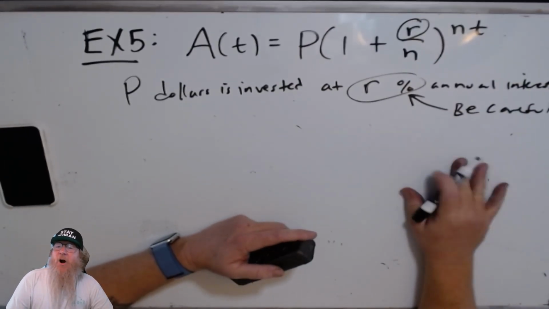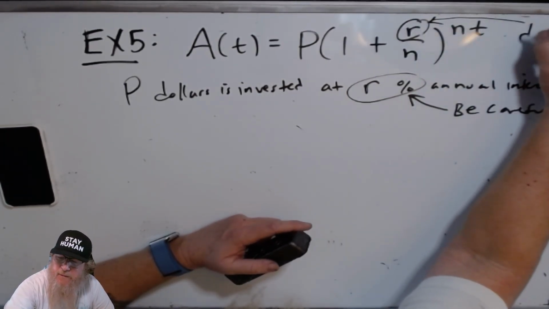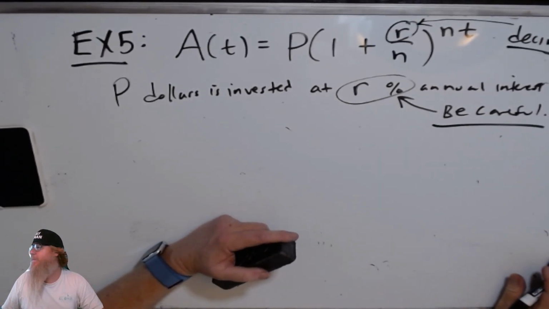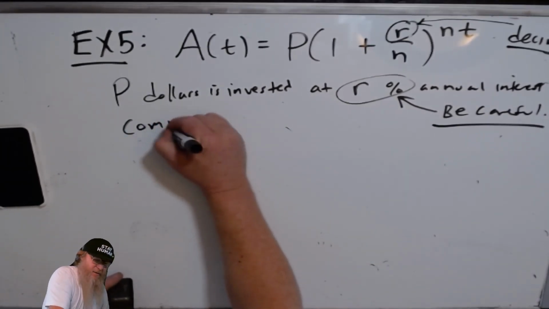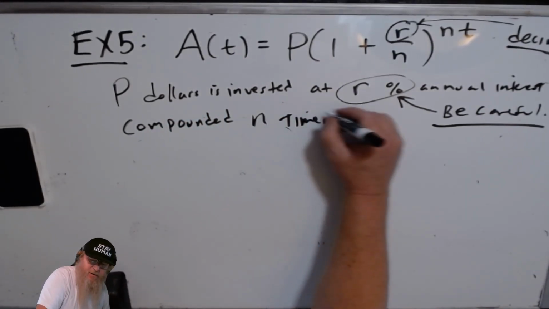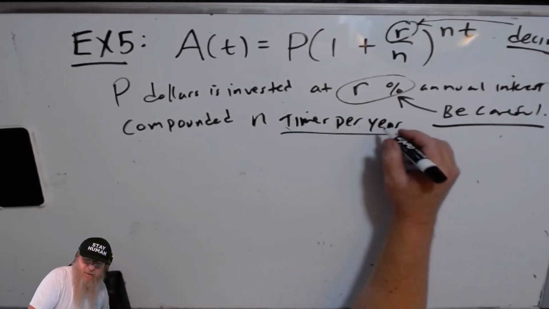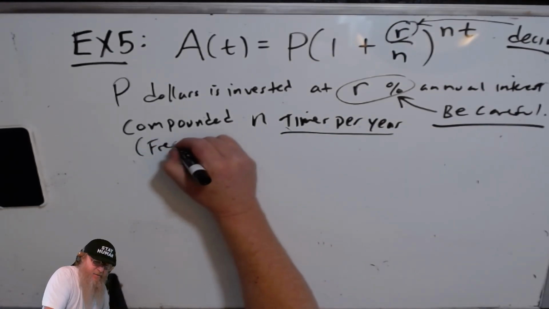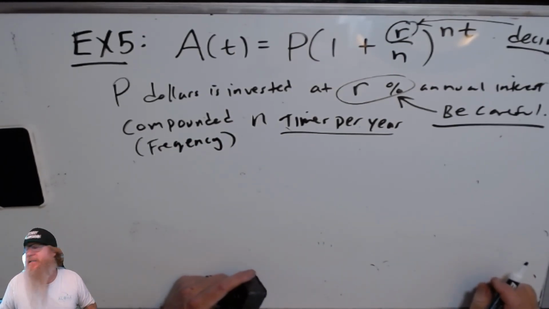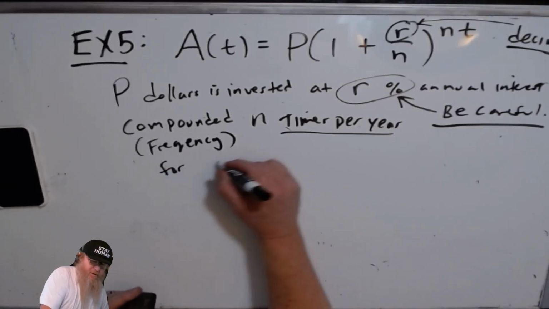So we say R%, but then this is R as a decimal. So I'm just going to be very careful there. Compounded N times per year. Yeah, we call that the frequency. The compounding frequency, N times per year. For T years.